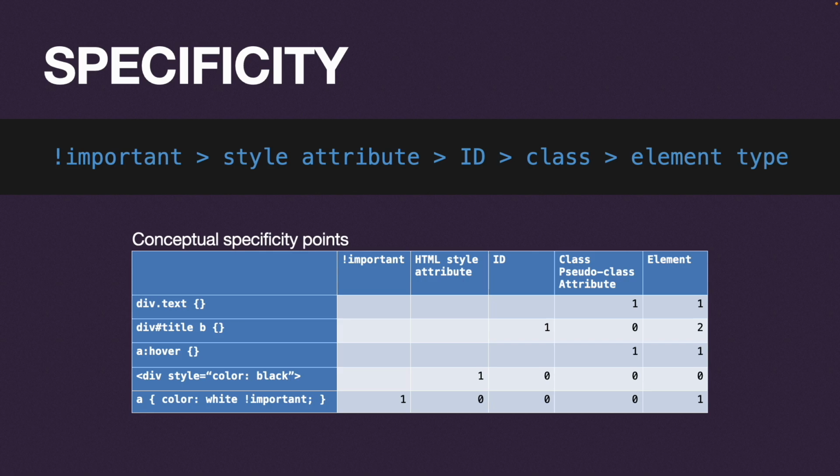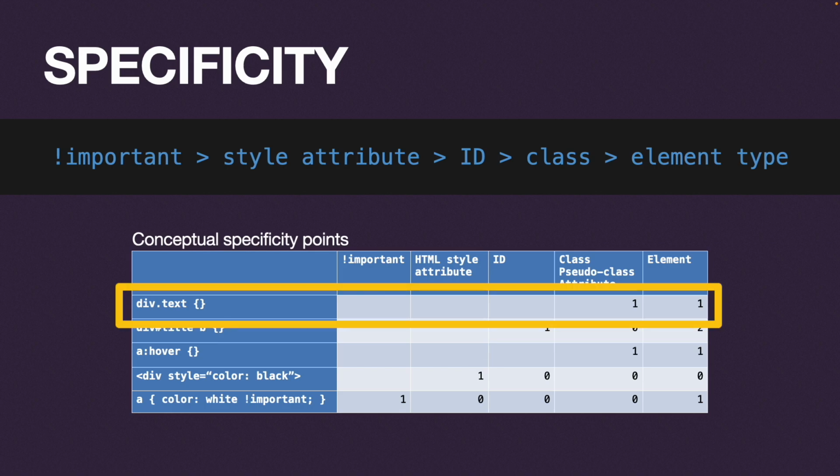You could look at it in this way that you can see in this table, where you get points for using different types. So if you use 2 classes, that's more specific than 1. If you use an ID and a class, that's more specific than just using an ID. So if we take the rows from the beginning, a div.text, that would be an element and a class. So you get 11 points, 1 for the element and 10 for the class.